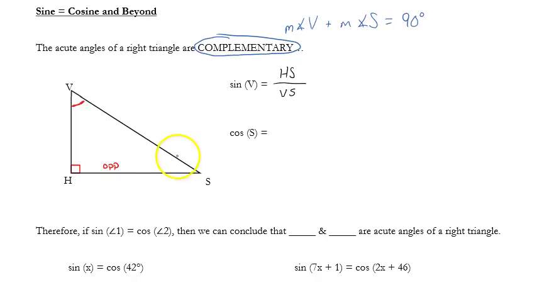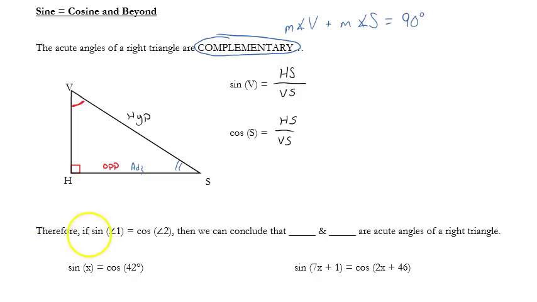But if I change the reference angle to angle S, and I change the trig function to the cosine, this same side is adjacent. It's adjacent to S but opposite angle V, which means the ratio winds up being the exact same thing, because in both cases we divide by the hypotenuse, which is across from 90, and that doesn't change when I change my reference angle.